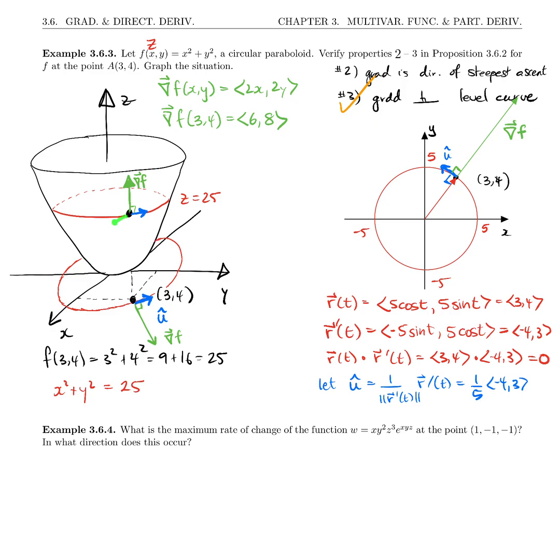And then similarly decreasing to its steepest negative and increasing back to 0. So visually at least, we have verified number 2, that the gradient is pointing in the direction of the steepest ascent up the function surface.